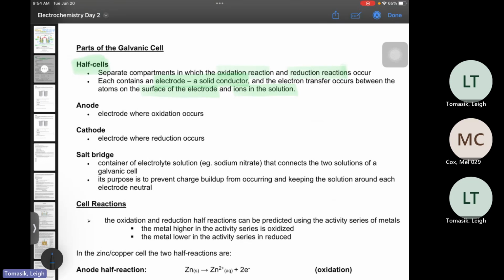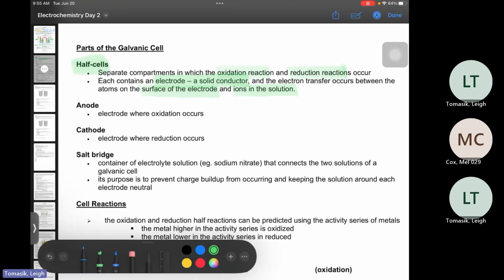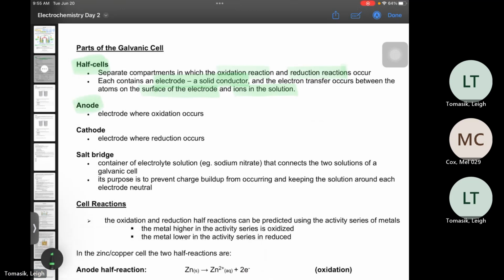Each contains an electrode, which is a piece of solid metal, and the electron transfer occurs between the atoms on the surface of the electrode and the ions in the solution. We have our anode, where oxidation occurs. We have the cathode, the electrode where reduction occurs.